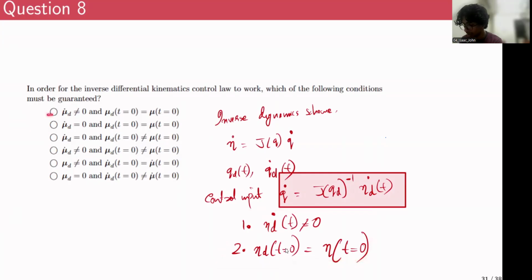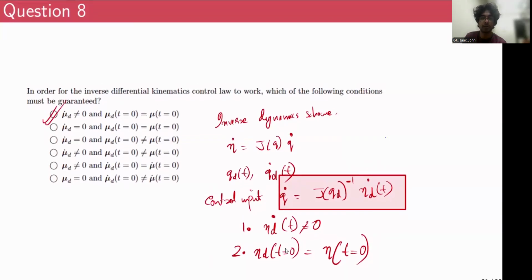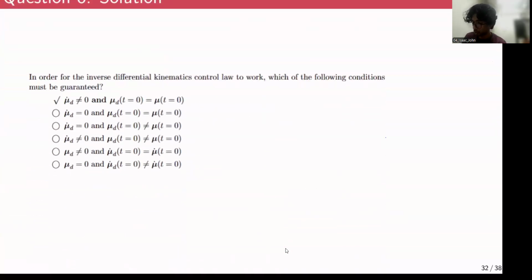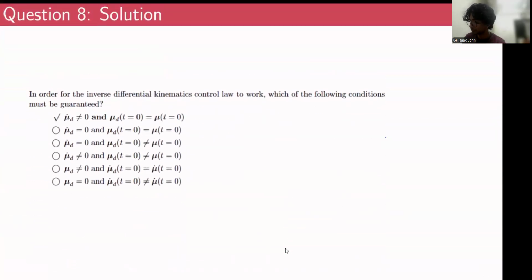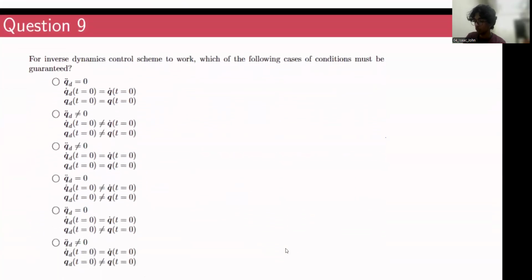I think option A looks to be the correct one. Option A. If any further clarification is required, please let me know. Option A is indeed the correct answer. Now, moving on to question 9.